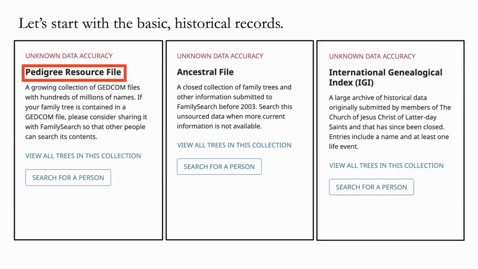Okay, so the Pedigree Resource File, the PRF, these are all acronyms, by the way, is a growing collection of GEDCOM files. Many years ago, probably around 15 or 16 years ago, when PAF, Personal Ancestral File, was a program, FamilySearch offered to allow people to upload a GEDCOM file. That's a Genealogical Data Communications file, which is a way of transferring information from one program to another.